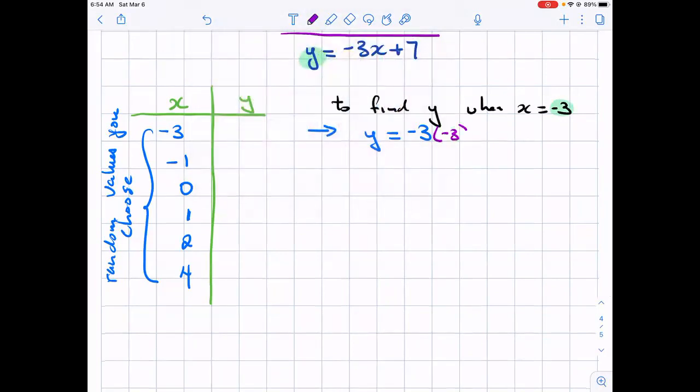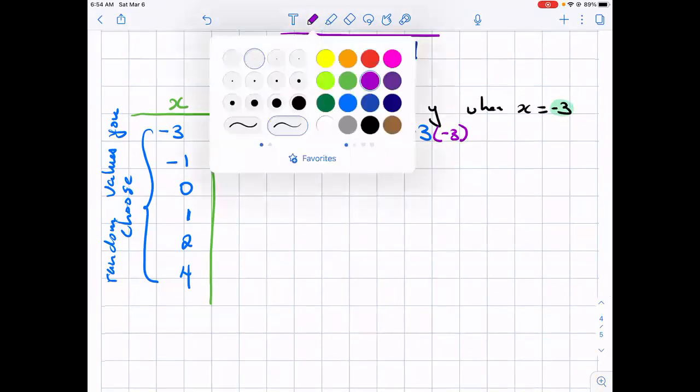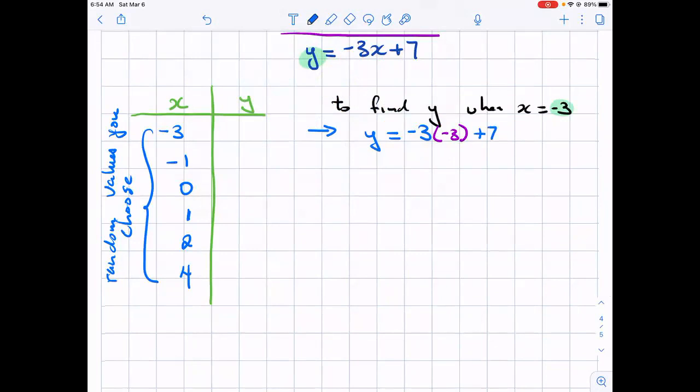So minus 3 plus 7. Minus 3 times minus 3 is positive 9.